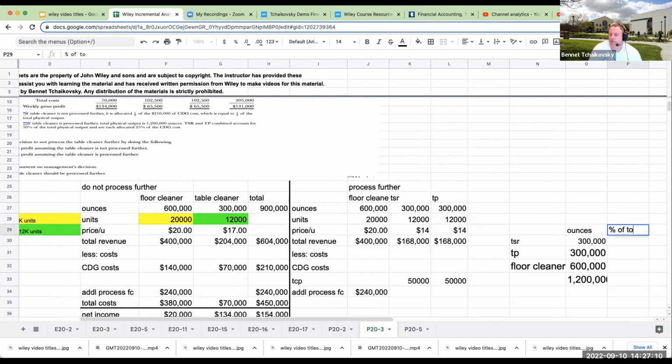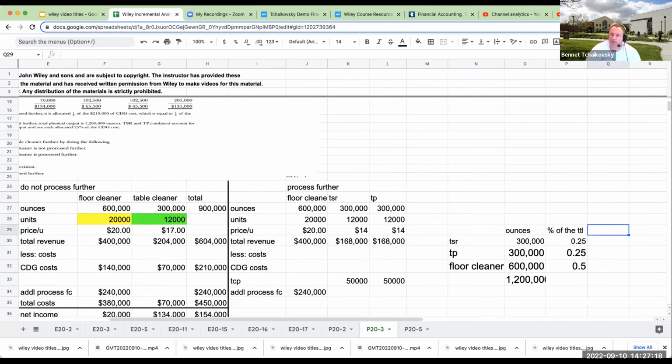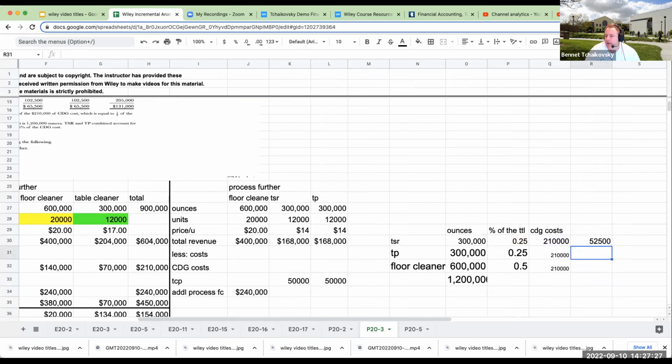My percentage of the total, this is going to be 25%. This is going to be 25%. And this is going to be 50%. So over here, my CDG costs of 210,000 is now going to be allocated as 52.5, 52.5, and then 105,000.